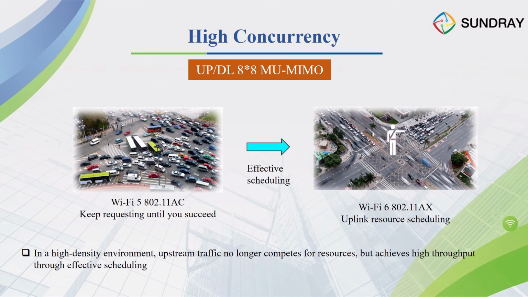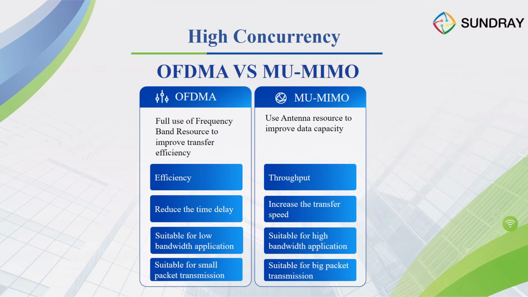So for high concurrency, both OFDMA and MU-MIMO are very important, but they have different features. Comparing OFDMA and MU-MIMO, OFDMA is more focused on efficiency. It improves the efficiency of frequency utilization, and MU-MIMO increases the throughput.